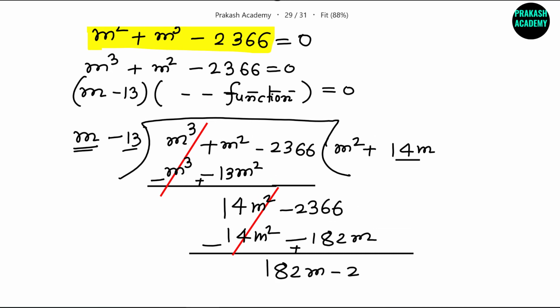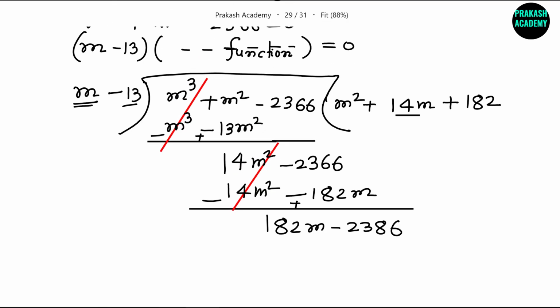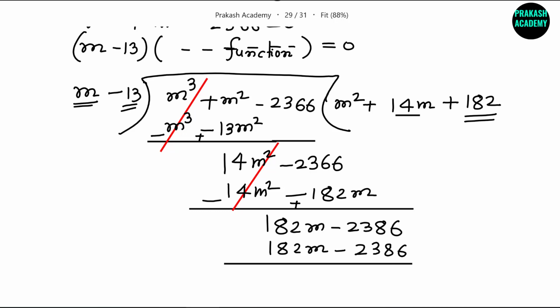minus 2366. Now I have to take 182 here. So this will be 182m, and 182 times 13 with a negative sign gives 2366.